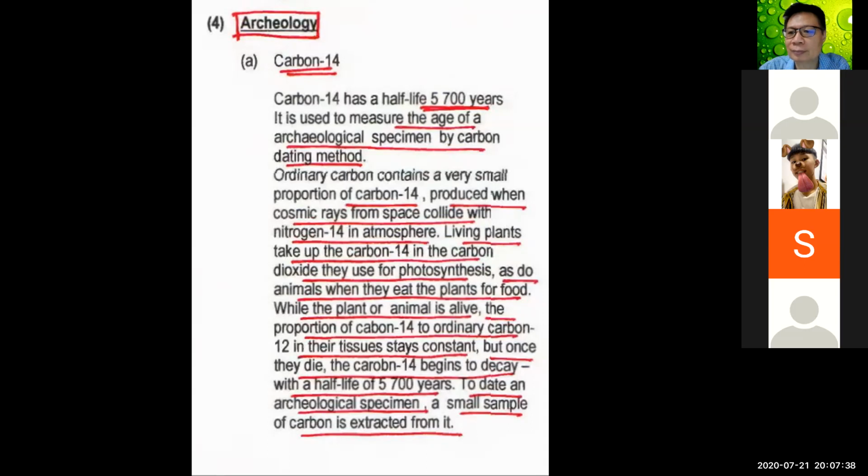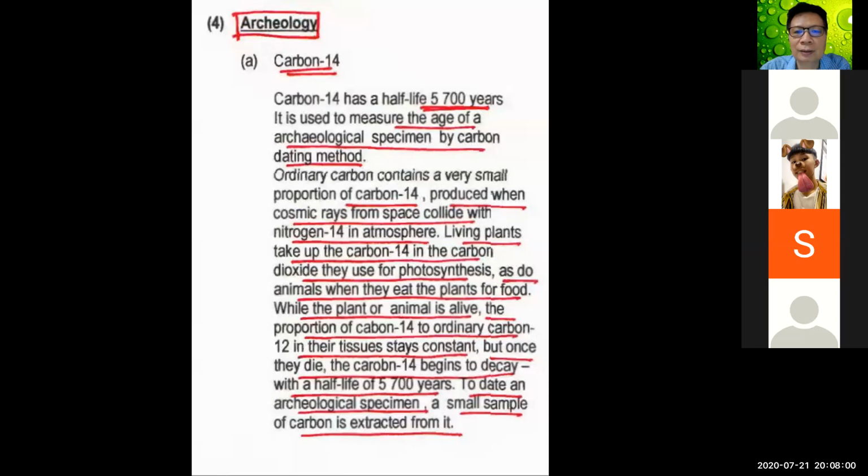5,000 million years. Oh, very, very long, you know. Uranium-238 can be used to do what, Xia Xingyi?